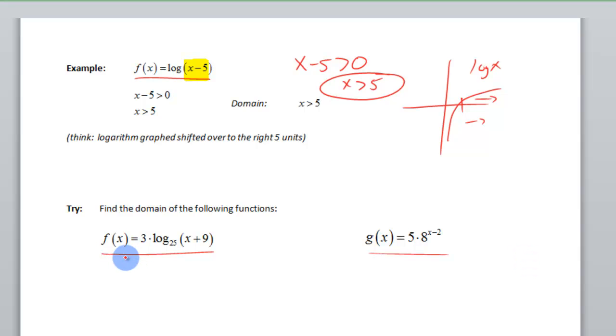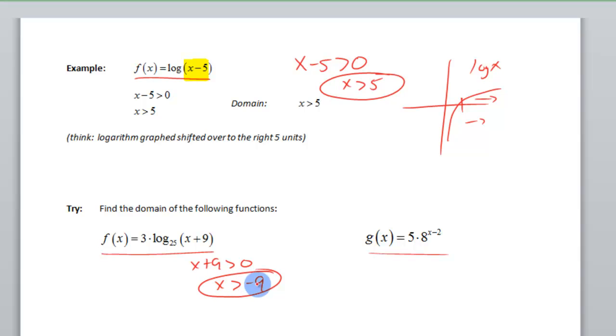Alright, so this log function says 3 times the log base 25 of x plus 9. Well, base 25 is just the base. 3 says 3 times all this output here. What's the input? X plus 9. So it's just been moved to the left 9 units, right? And we need to keep this greater than 0, so subtract 9 on both sides. That's the domain.